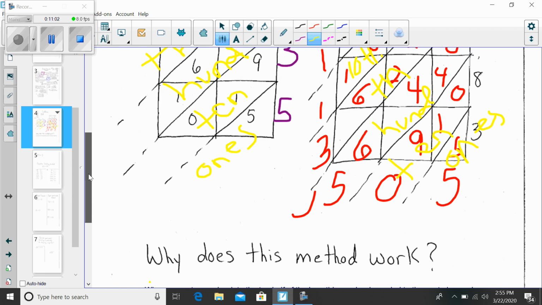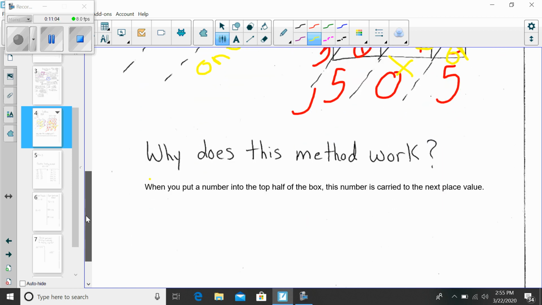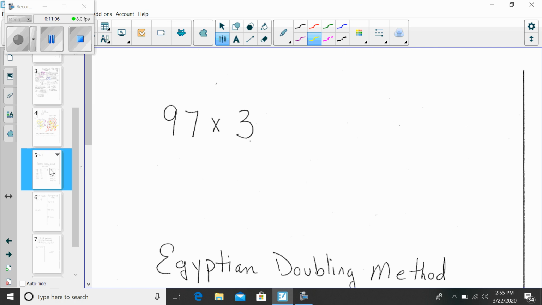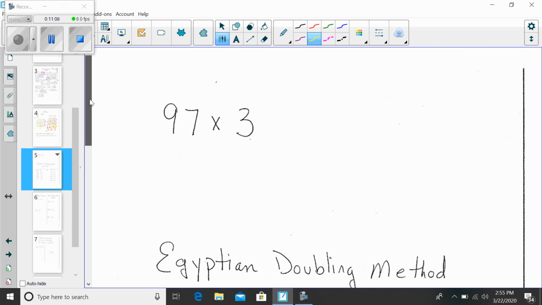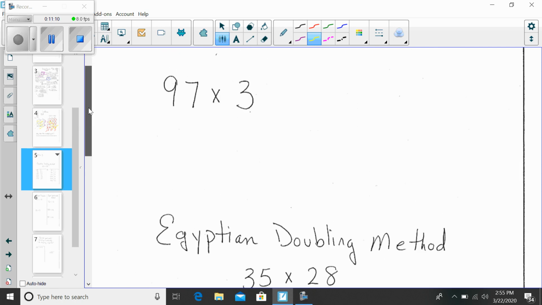So next on the list here is Egyptian doubling. Okay, and before we get to that though, I want to talk a little bit more about the hidden distributive property, because the Egyptian doubling method is another illustration of how the distributive property hides in our problem. So remember doing this mentally, right?